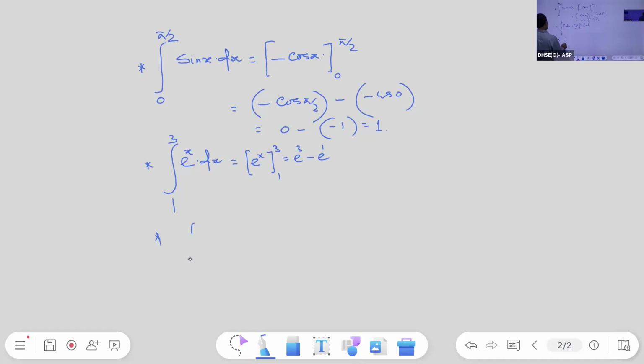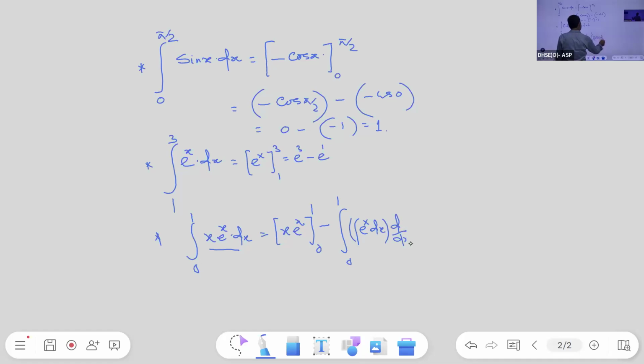Integral 0 to 1 x e power x dx. You know, the product of two functions can be integrated using integration by parts. Now apply integration by parts. So e power x will be the second function. So it will be x e power x, limit 0 to 1, minus integral 0 to 1 of the integration of e power x into the derivative of the first function, that is x, whole dx.